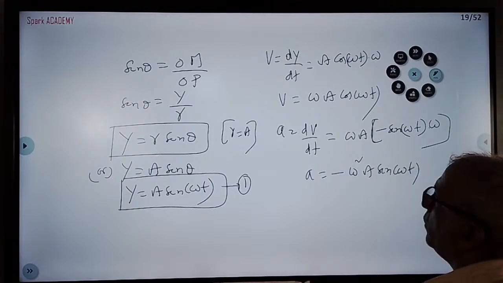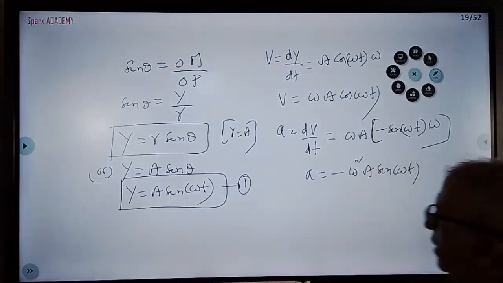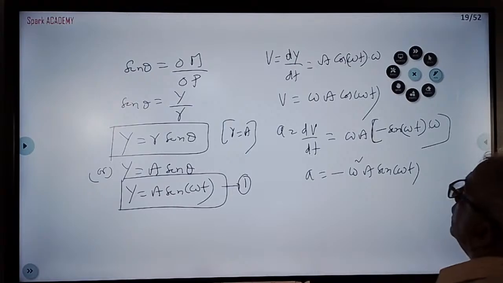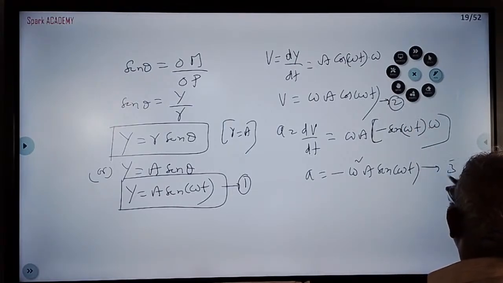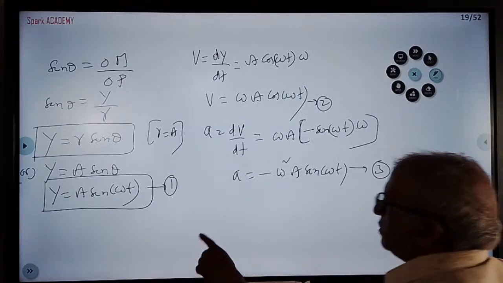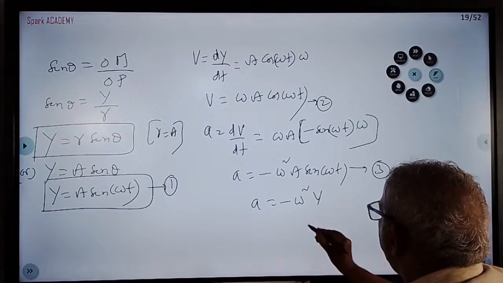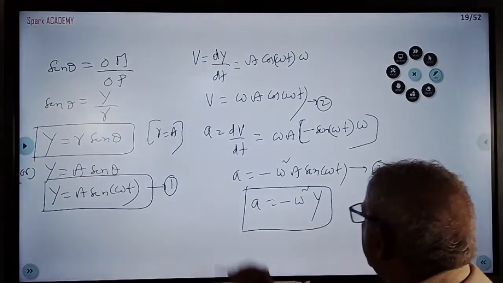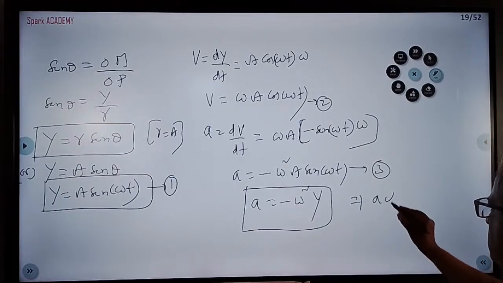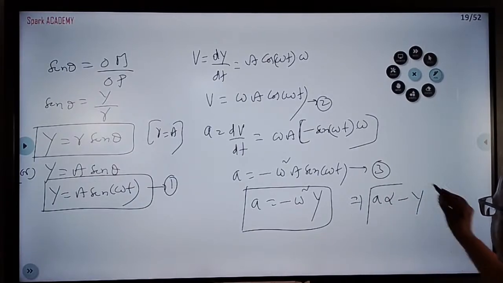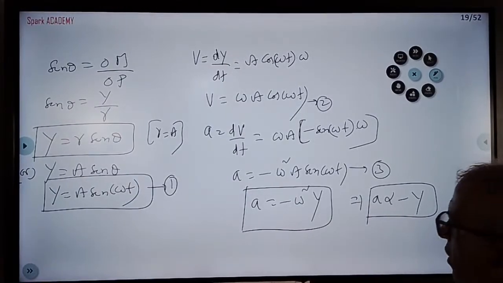But what is A sin omega t? From equation 1, it is nothing but y. This is equation 2, this is equation 3. Therefore acceleration a is nothing but minus omega square y. It proves that acceleration is proportional to minus y, since omega is constant.